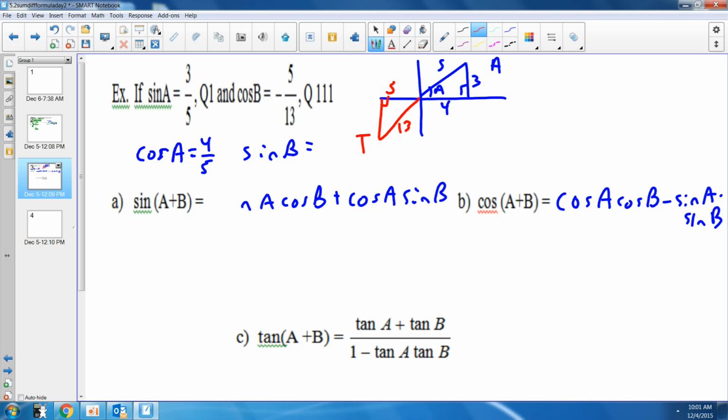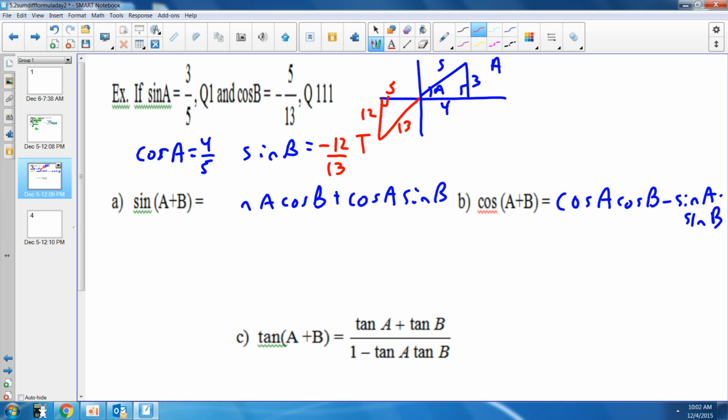Tangent is what's positive there because of Santa Claus. So I have to be very careful here on positive and negative. I know it's a 5, 12, 13, and therefore the sine of B is going to be negative 12 over 13. That negative is going to be where students are going to get that wrong. So be very careful with those.